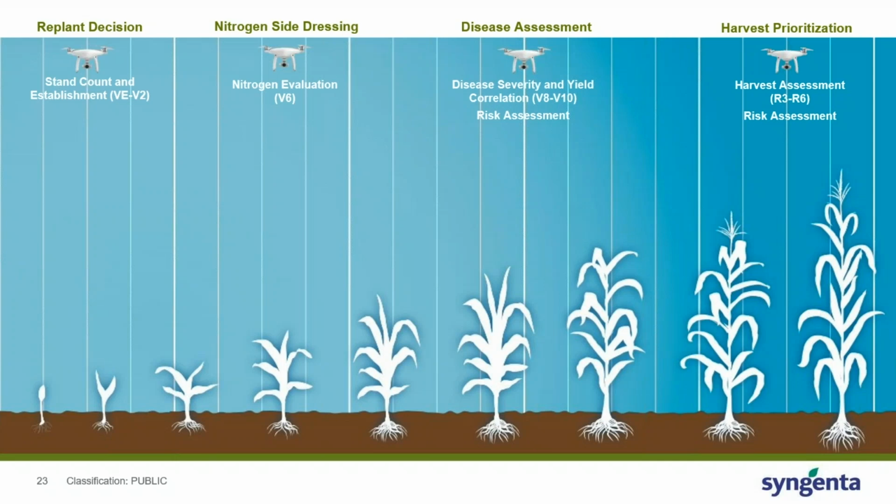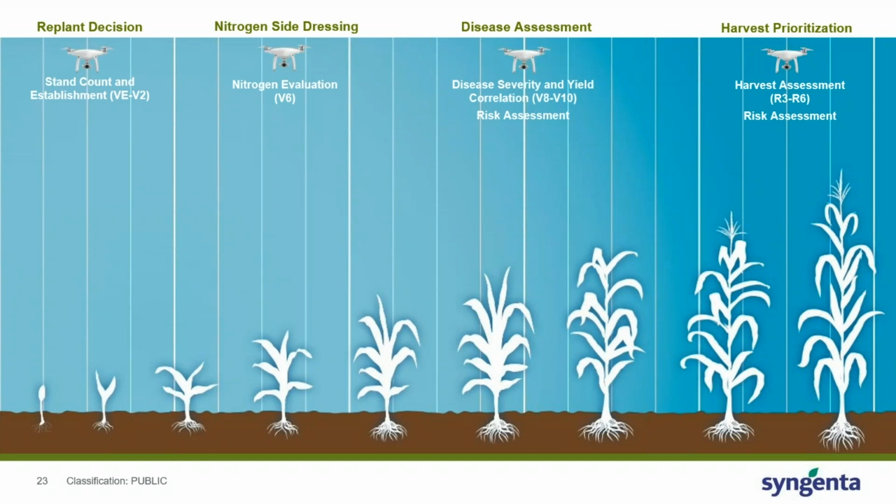And as Syngenta, we analyzed throughout the growing season and identified that with drones, in a lot of cases, flights are randomized and opportunistic. We looked at when the optimum times are to fly a drone and get those images, and what they can provide in terms of a decision and an action.